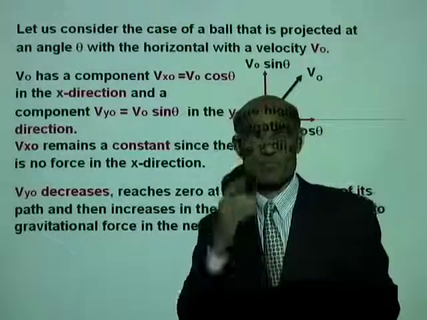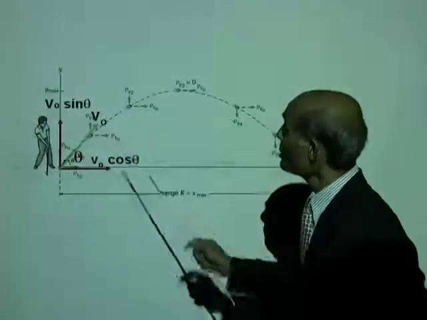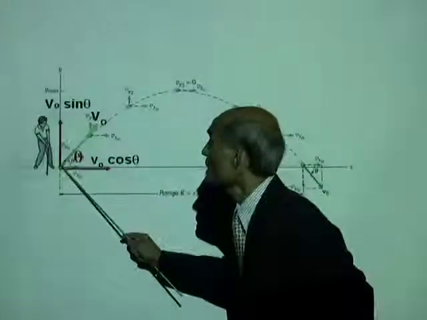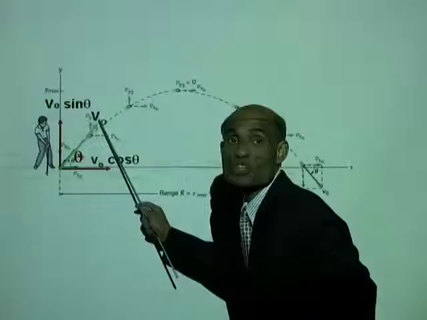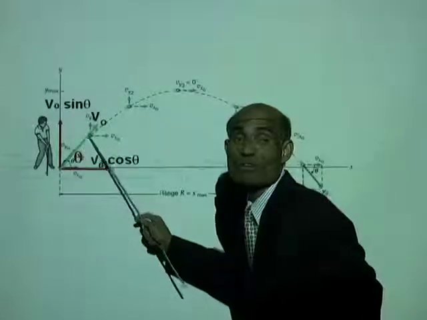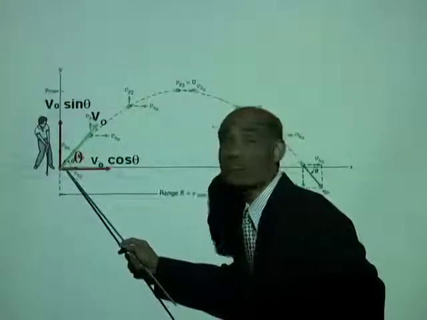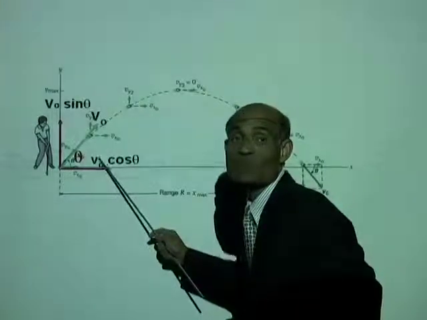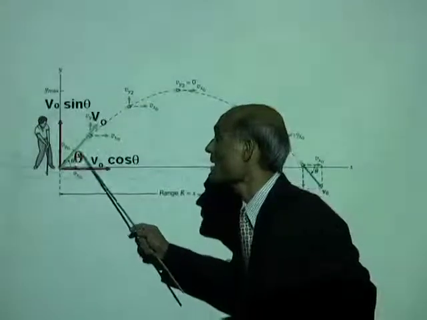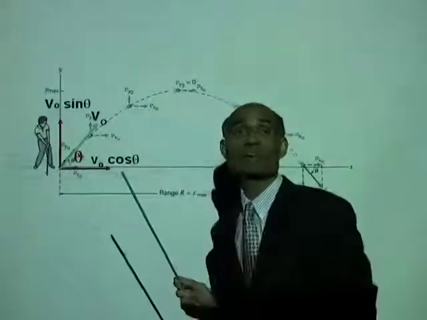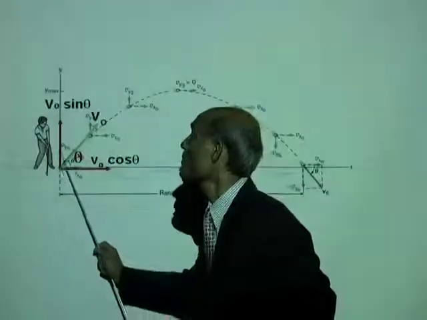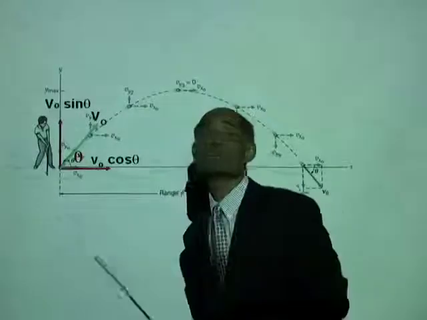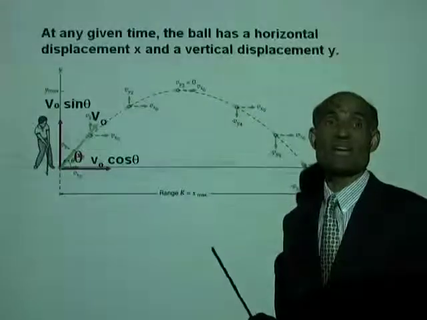Is that right? Now, this is the example again that we have talked about. The velocity of projection is v0. The component of that velocity in the horizontal direction is v0 cos theta, where theta is the angle of projection. And the vertical component of that velocity is v0 sine theta.